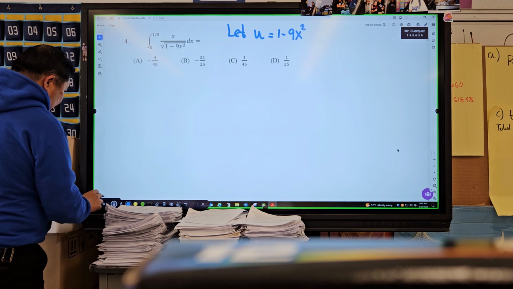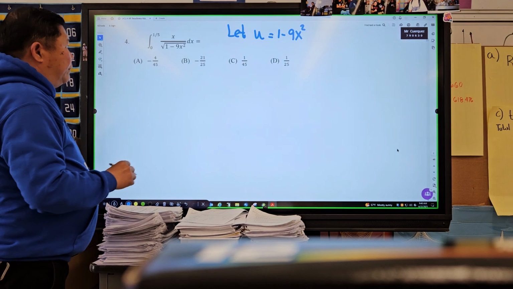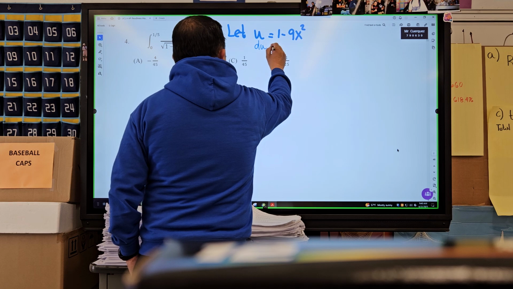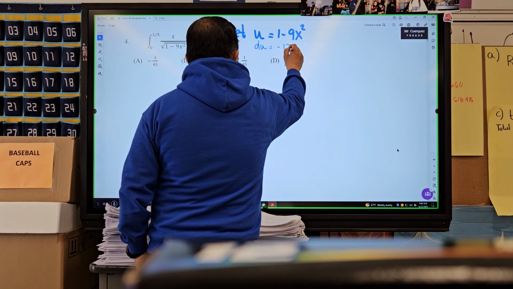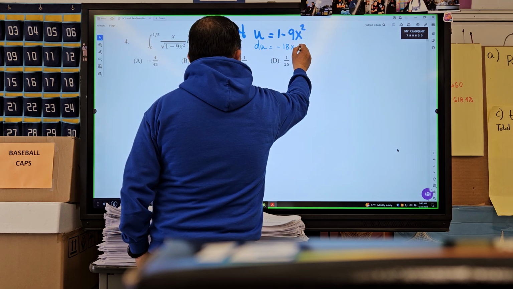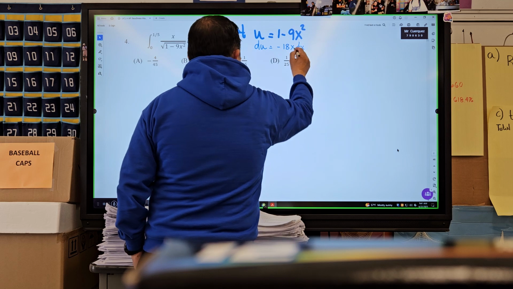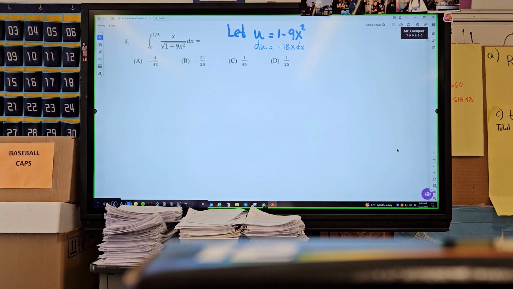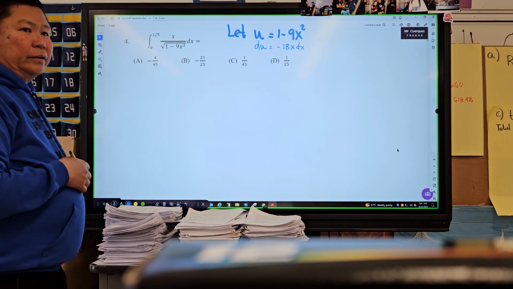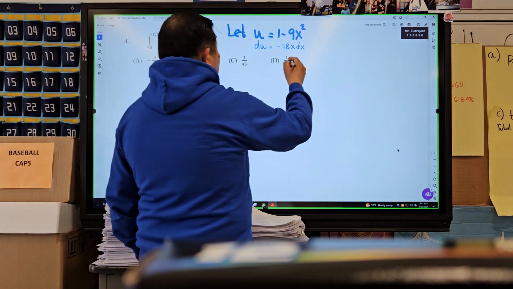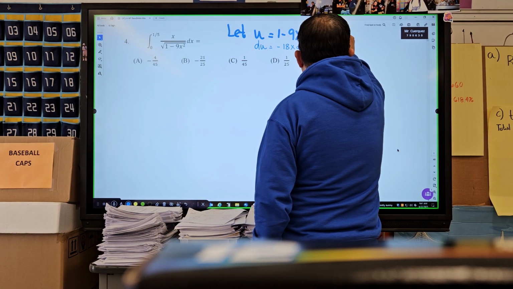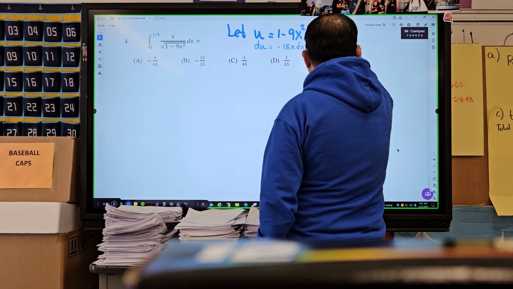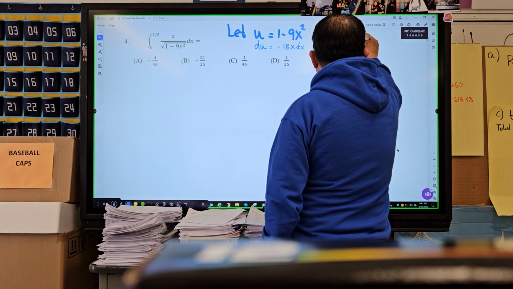So we have du equal to negative 18x dx, right? And then negative du over 18x is equal to dx.